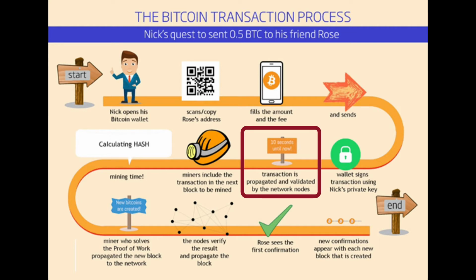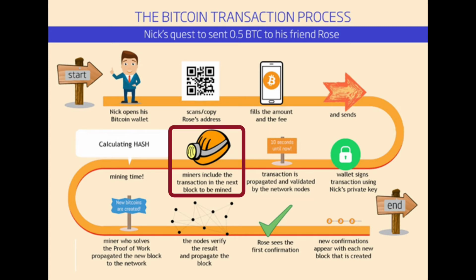Is this valid, in the sense that this is associated with the person who must own the private key, given the nature of the digital signature that's applied? And then once it's been propagated mostly through the network, a miner can then pick that transaction up and put it in the next block to be mined and attached to the blockchain.